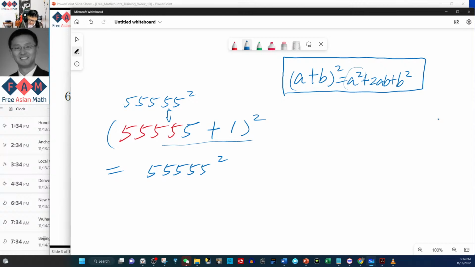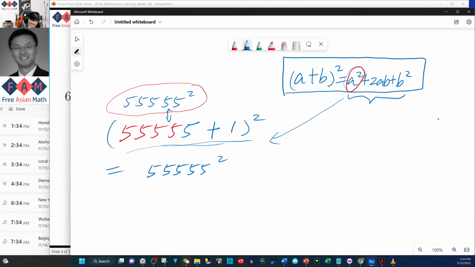The reason we are doing this is exactly because we want to use this formula, so that we can expand it, and the a squared term, which is already provided to you, can be directly used.